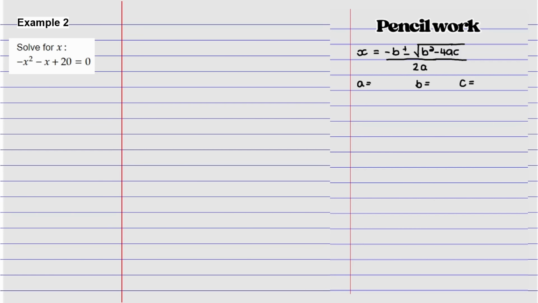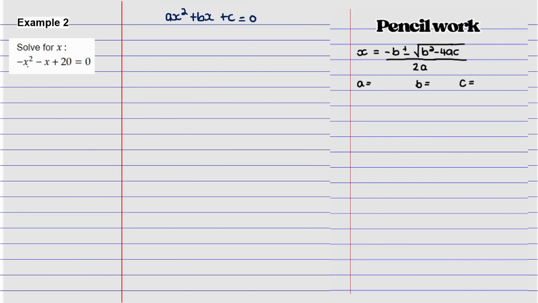So in this question, we have negative x squared minus x plus 20. What we need to do first is put it into the form ax squared plus bx plus c is equal to 0, right? We need our a to be positive. So I'm going to take the negative out as a common factor, because I don't want anything to be negative.